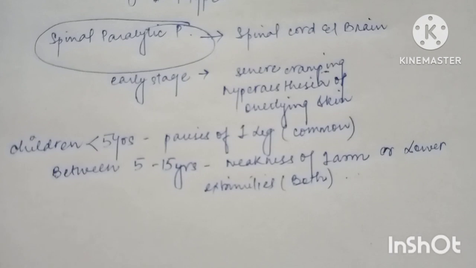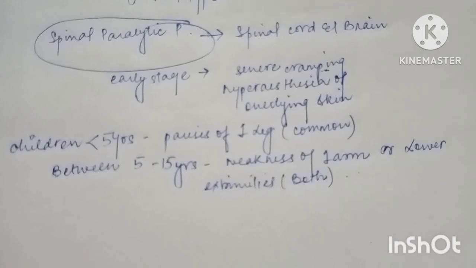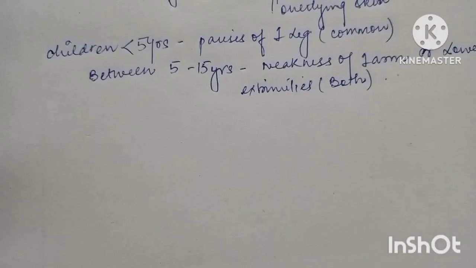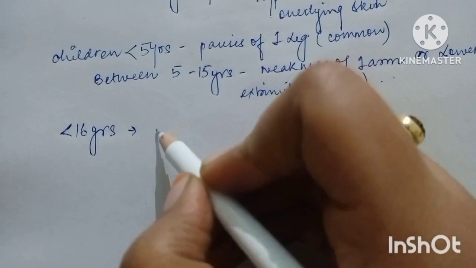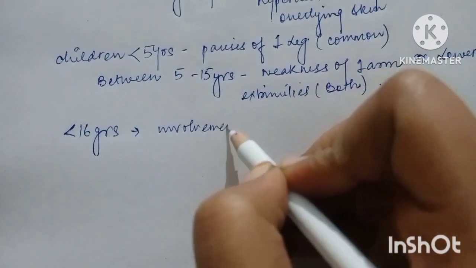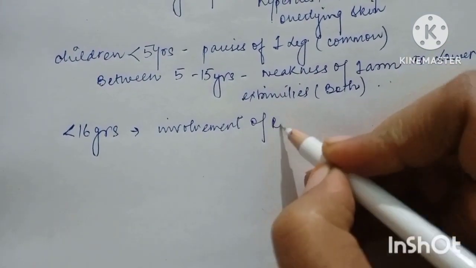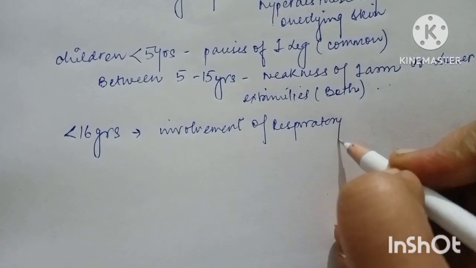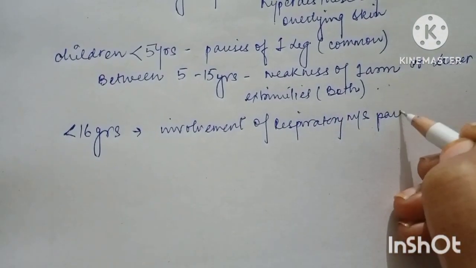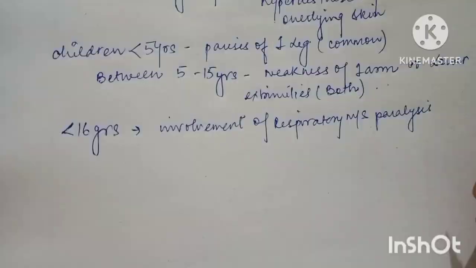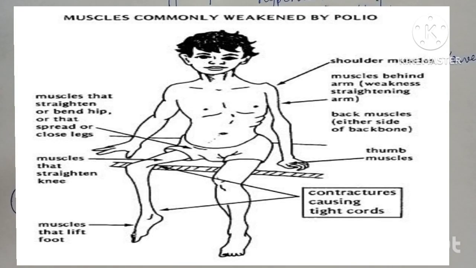So this is very common in children between the age of 5 to 15 years. In those more than 16 years of age, there is involvement of respiratory muscle paralysis. As you can see in the image, this is spinal paralytic poliomyelitis.